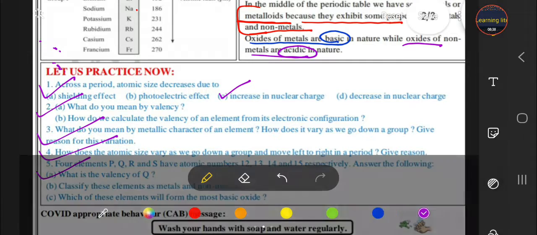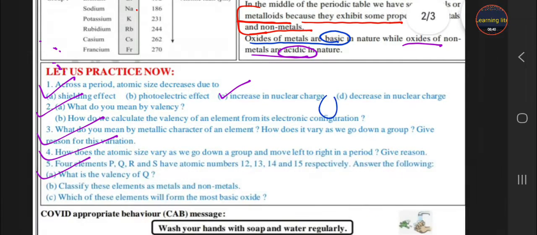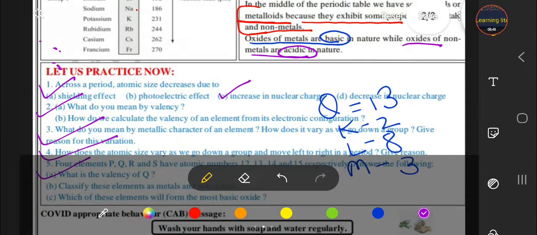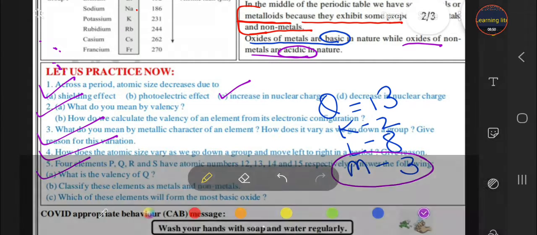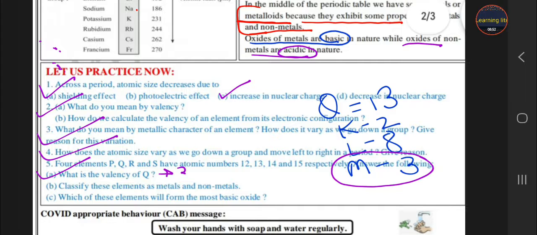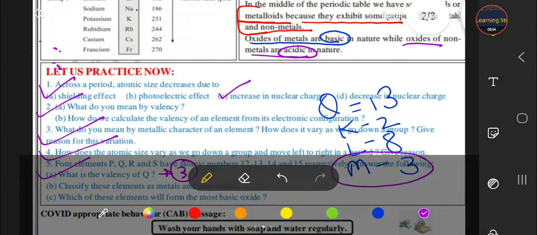Q has the atomic number, student, 13. So K has 2, L has 8 electrons, M has 3. And what is the valency of Q? The number of electrons in the outermost shell is 3. So the valency is 3. What are the metals and the non-metals, student?